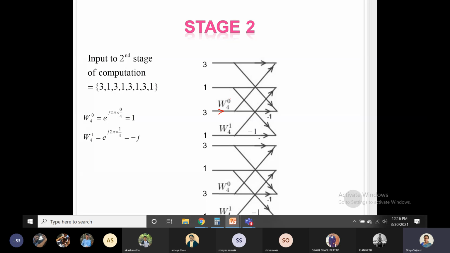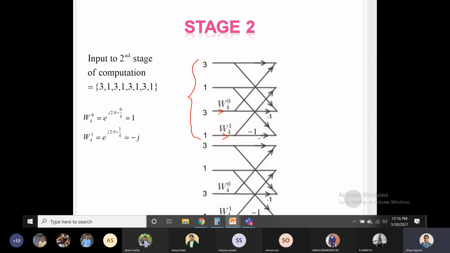W4 raised to 0 will be inserted in the third, and W4 raised to 1 will be inserted in the fourth input. So this is a single butterfly diagram containing 4 inputs.